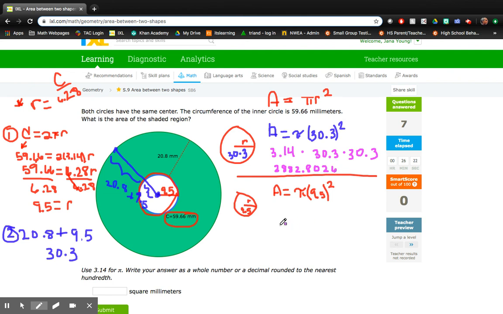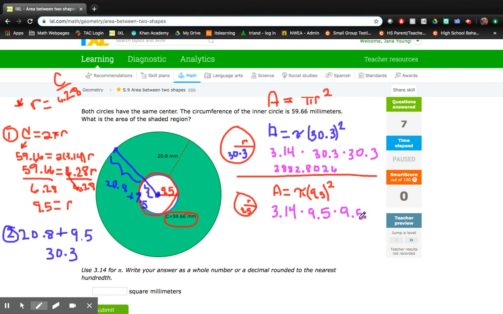And I'm going to go ahead and, because I messed up on the last one a little bit and I had to go back, I'm just going to double check that. So 3.14 times 30.3 times 30.3, 2882.0. Okay, I get it. So now we're going to do this one, and I can expand it. I'm going to multiply 3.14, which is that pi symbol, times 9.5 times 9.5.